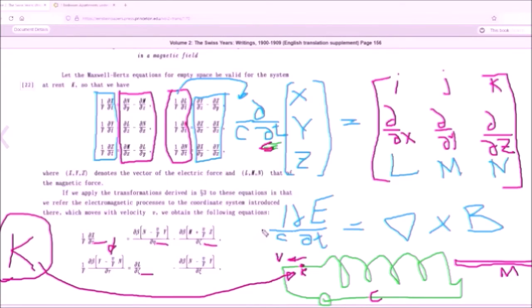But the problem here is, do you really need to factor in the electron speed inside the coil and transform your electric and magnetic field from a rest frame K to the moving frame of the electron? What was that produce?